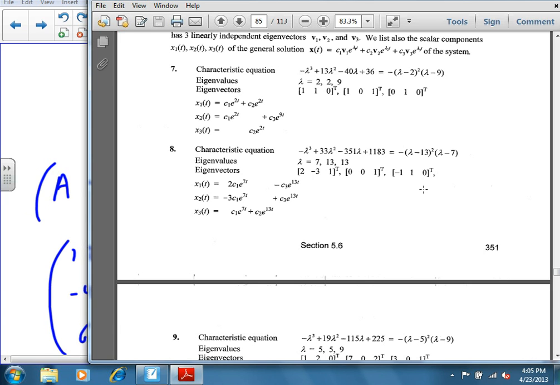I don't think this solution's going to work. I don't think you did it right. Find a non-zero, find two independent solutions, x1 and x2.